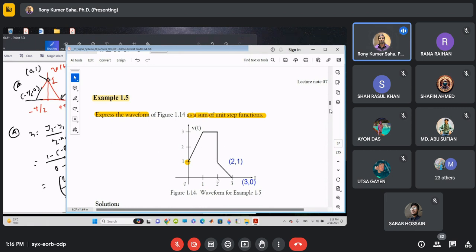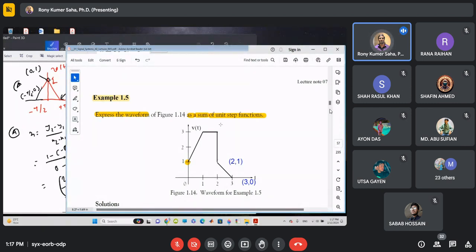So at a particular point you don't need to think about whether the unit step function can represent the function or not. Even if you start from u(t minus 2), in fact it is u(t minus 2) for t greater than 2, I mean the value of t should be greater than 2, it doesn't include that point.